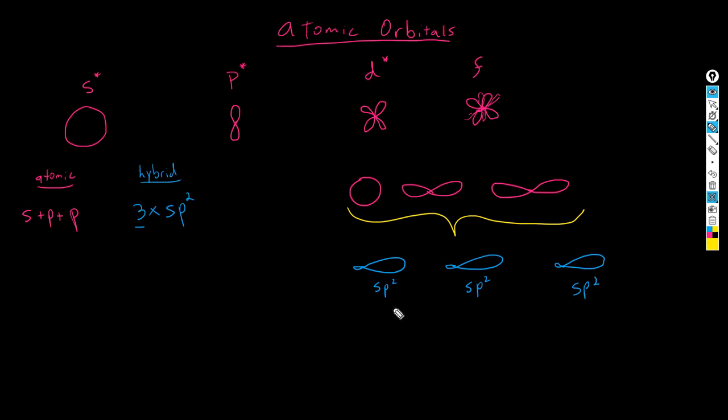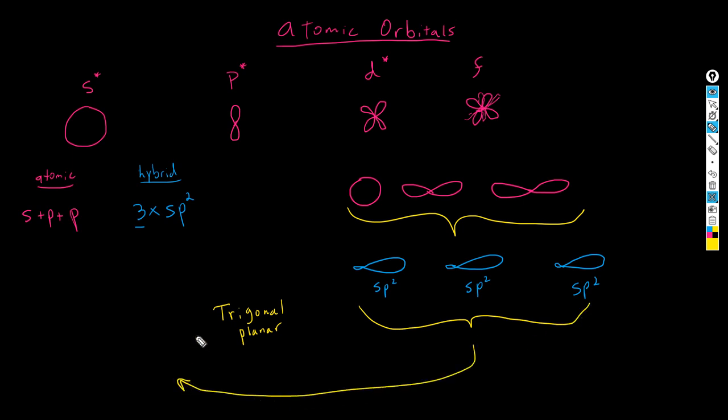These sp2 hybrid orbitals can combine in that central atom to make another shape. sp2 hybrid orbitals are common in trigonal planar molecules, so we're going to put this to the side over here. These 3 will arrange themselves and combine into a trigonal planar shape.